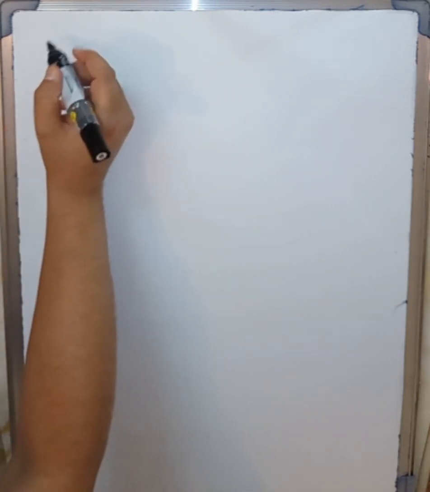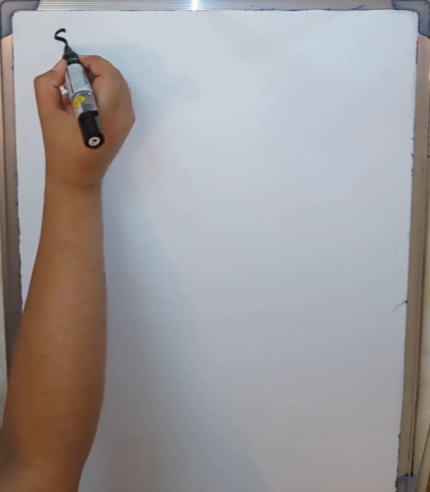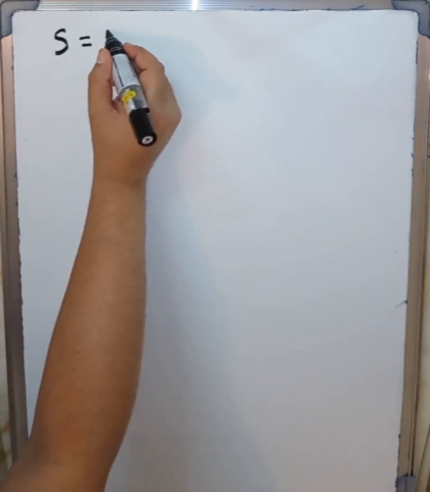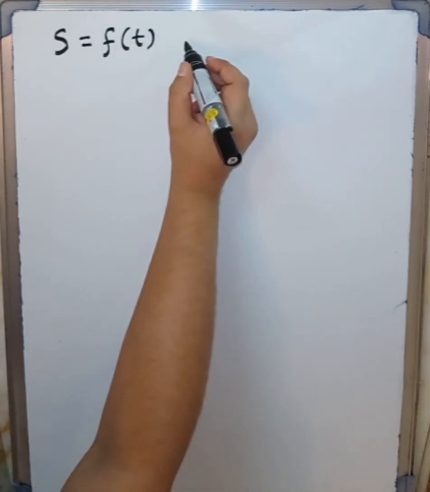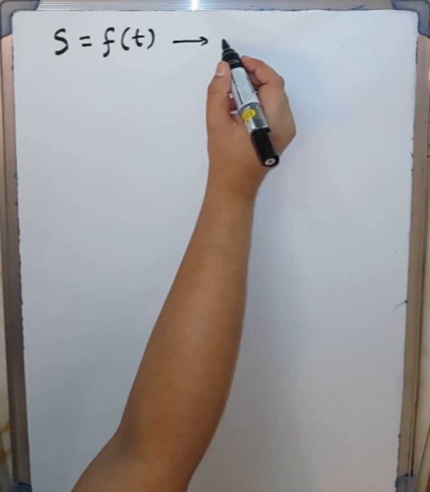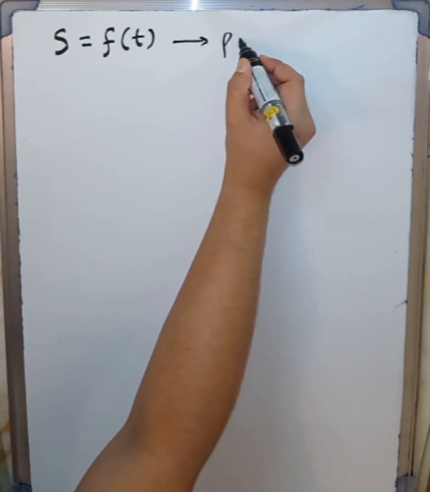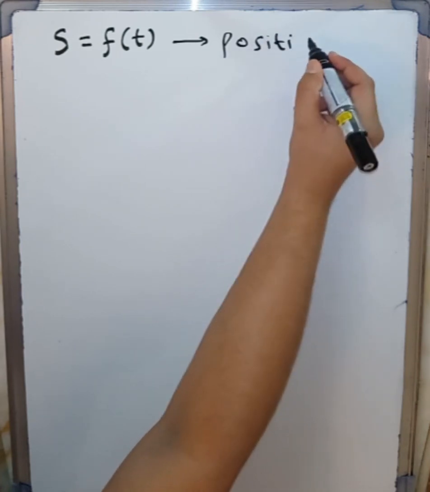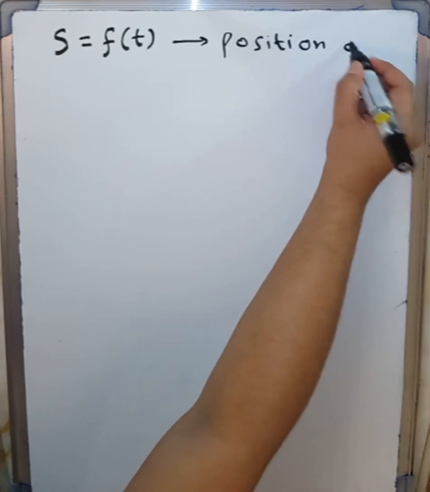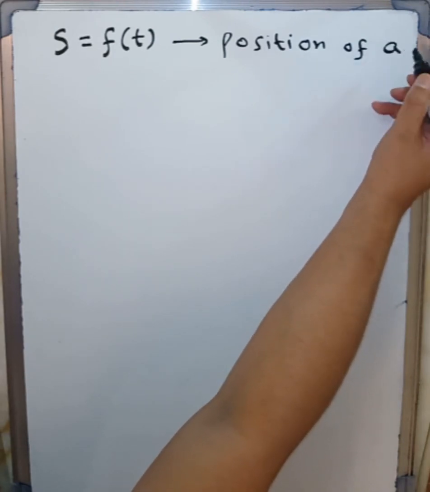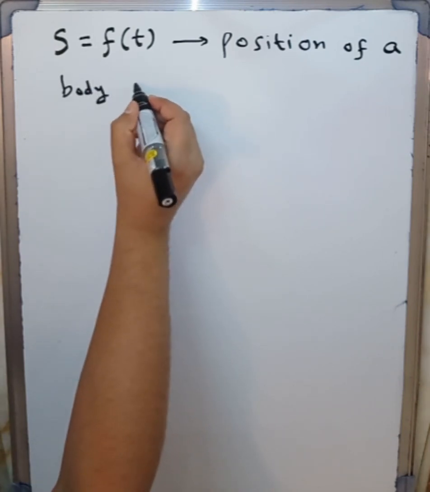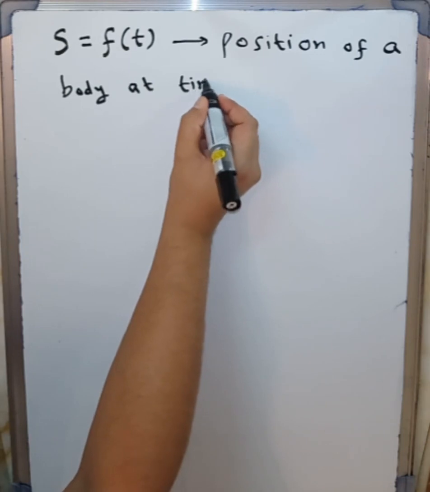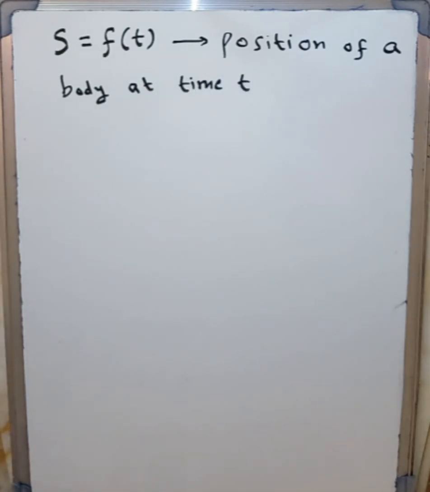Suppose we have a function s equal to f of t, and suppose this function gives us the position of a body at time t. So basically s is the position and t is the time.